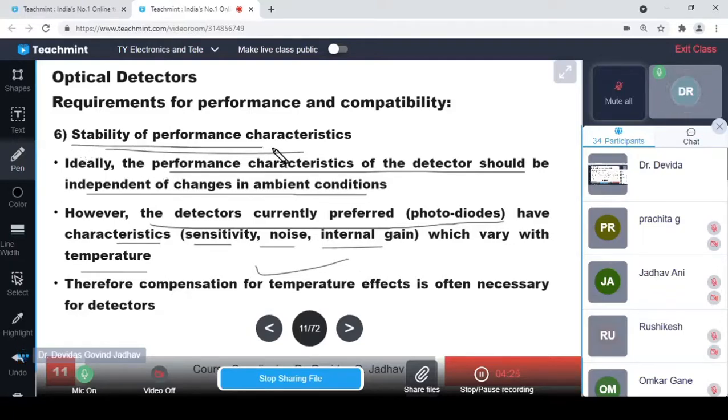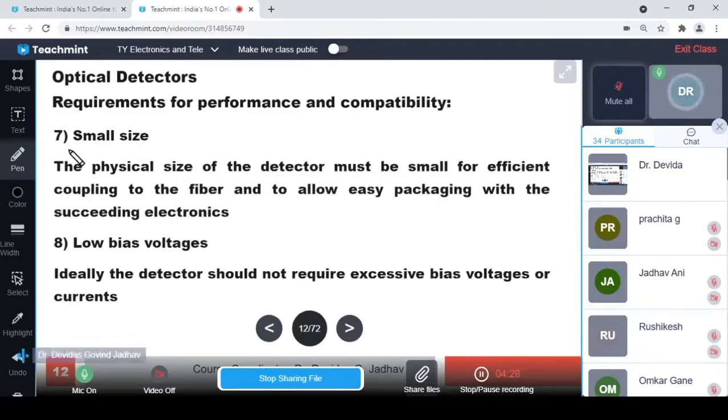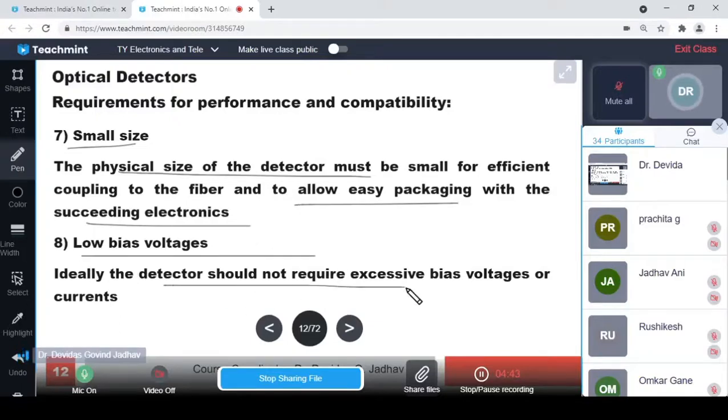Small size should be there, compatible with the optical fiber, which has a very small diameter in the micrometer range, and also electronics is going on miniaturizing. So small size should be there. Low bias should be there; the detector should not require excessive bias.